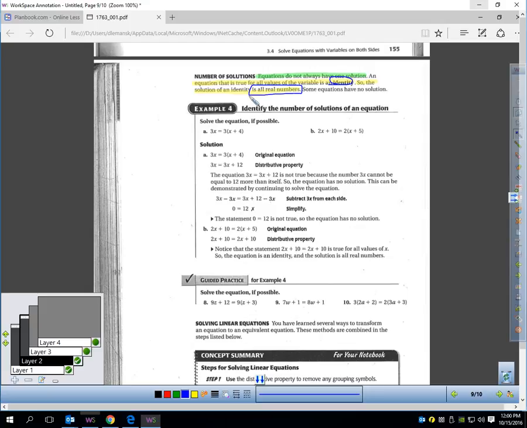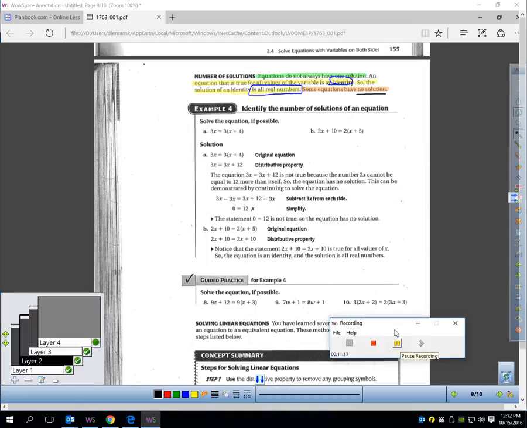That's what identity means. On the other hand, an equation could also have no solution. Okay, there are equations out there that have no solution. Here would be an example: x plus 3 equals x plus 4.